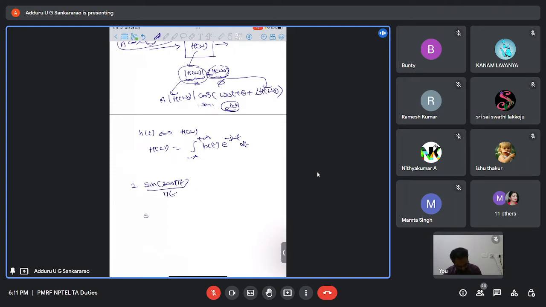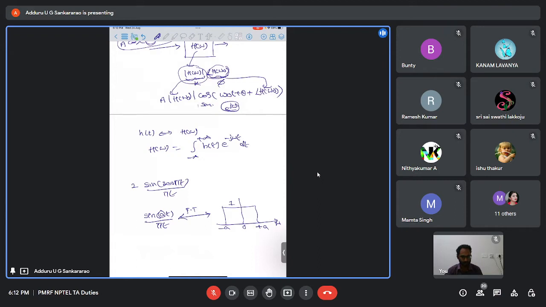We know the Fourier transform of a sinc function, if the signal is sin(a t) by pi t. Last class also we discussed this. Its Fourier transform is a rectangular function in the omega domain, from minus a to plus a, and its magnitude is 1.